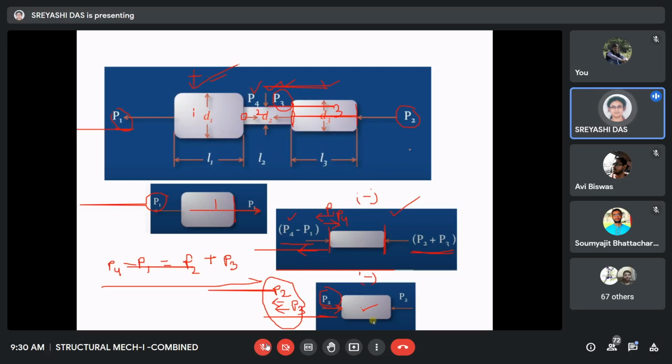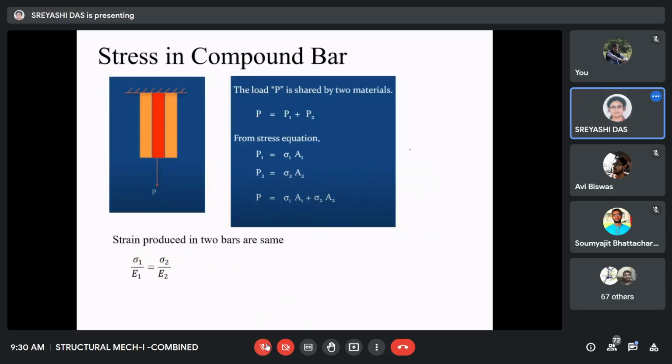This is actually based on the principle of superposition. Now, come to another case, that is stress in a compound bar. If the bar is compound in nature, compound means the bar is made up of 2 or 3 types of material. So here, the bar is made up of two types of materials.